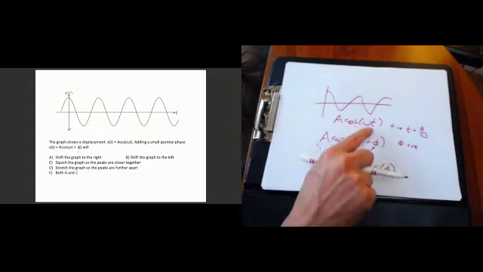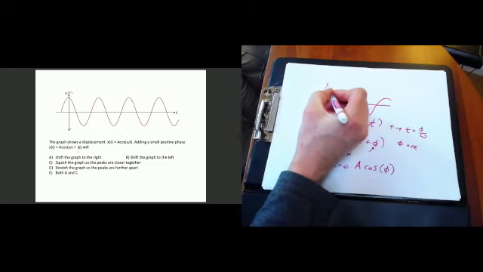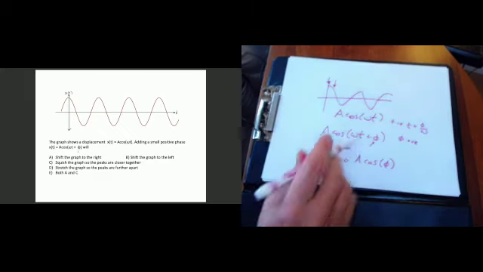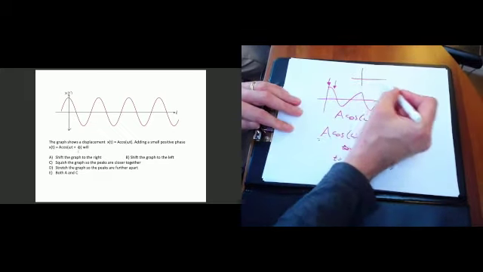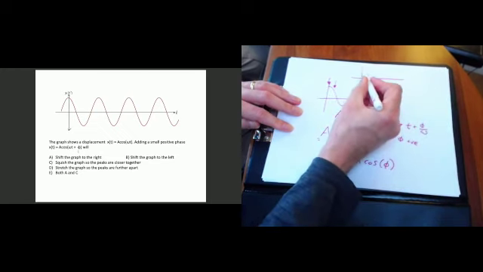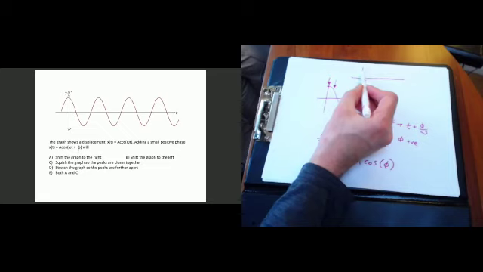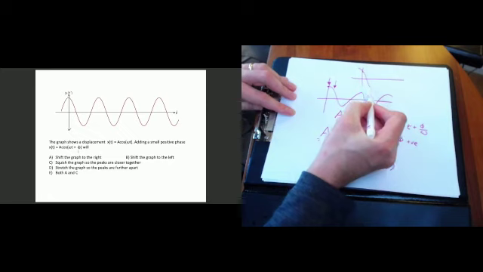Instead of seeing cos of 0, what we're seeing in the new function is cos of some small positive thing. And so if I were to plot the new function, that means at time equals 0, instead of this value, I'm seeing this value, which is already where the function is starting to come down.